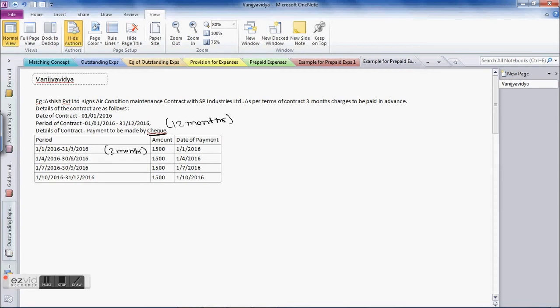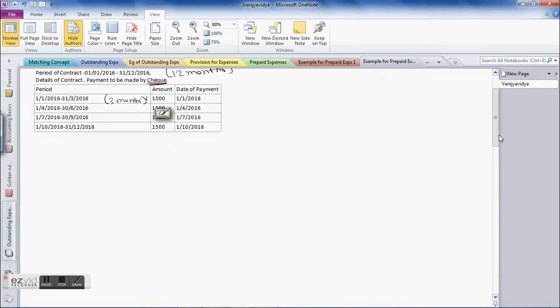Similar is the case in the next months. For April to June, the maintenance charges of 1500 you are paying it on 1st April 2016. Then for July, August, September, 3 months you are paying it on 1st July 2016. Then for 1/10/2016 to 31/12/2016, that is 1500, you are paying it on 1st October 2016.